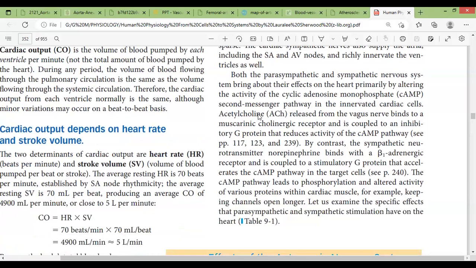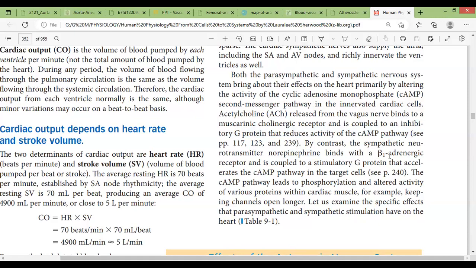For parasympathetic, we know the culprit is always acetylcholine. For sympathetic, the culprit is norepinephrine. Acetylcholine acts on muscarinic receptors. For norepinephrine, we have the beta-1 receptor.